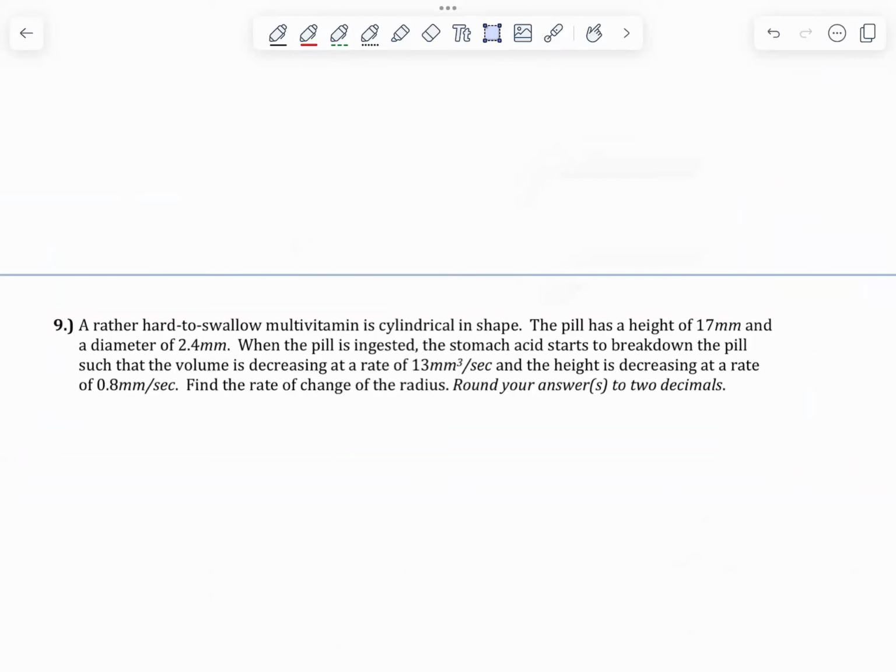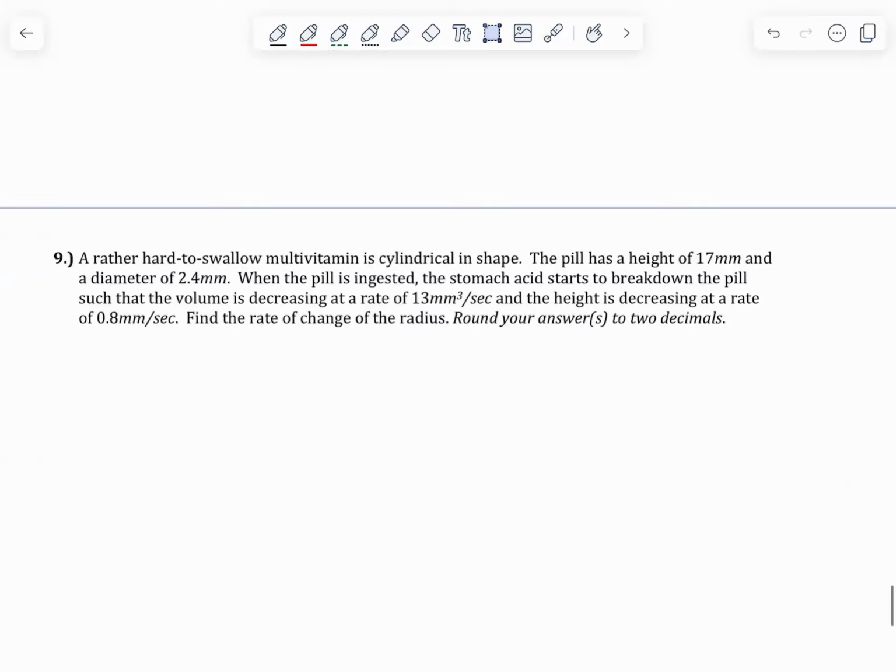So when it comes to word problems, both ones had the same starting point. It's to read the problem, which we have done, and then to draw a picture if you can. So this is a cylindrical pill. And before anybody tries to draw me a non-right cylinder, it's not like that.